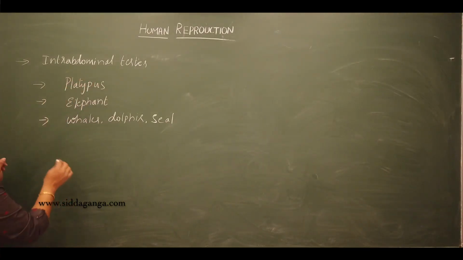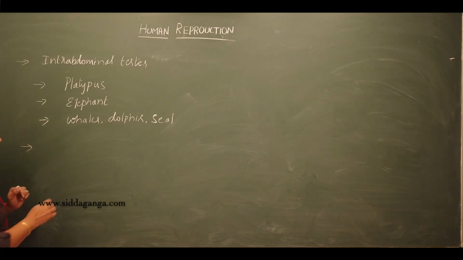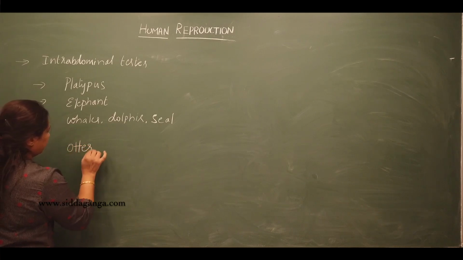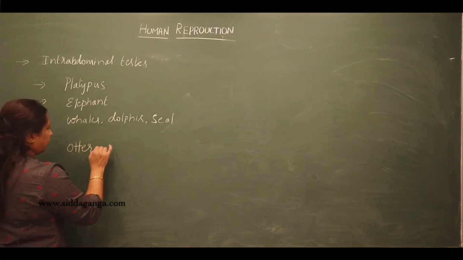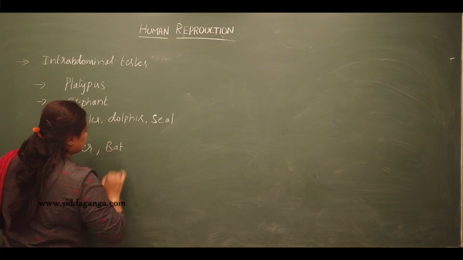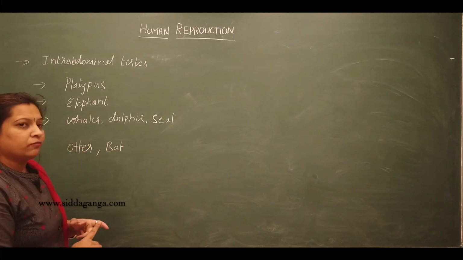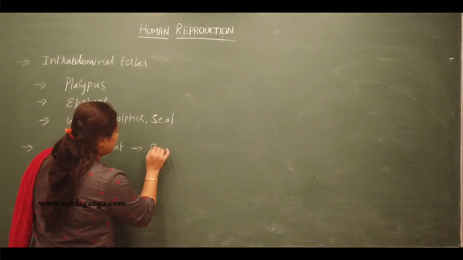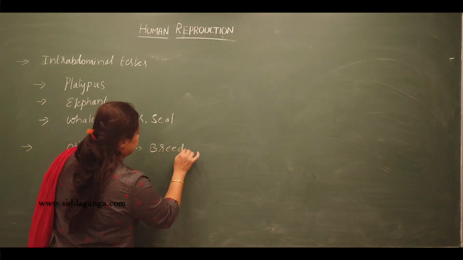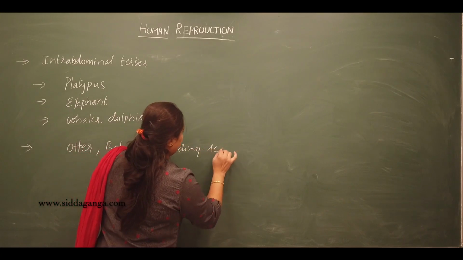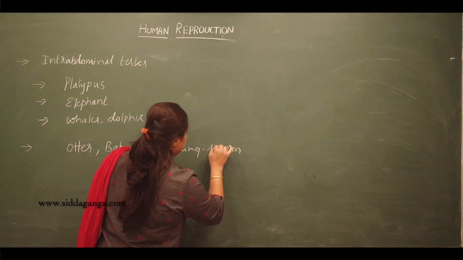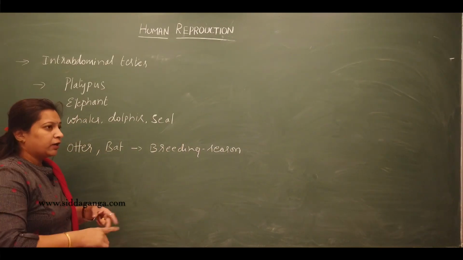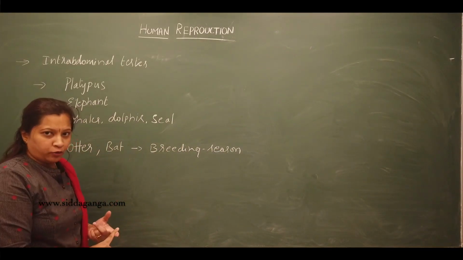Then in some seasonal breeders like otter and bat, the testes will descend into the scrotum only during the breeding season, but the rest of the time they will be in the abdomen only.